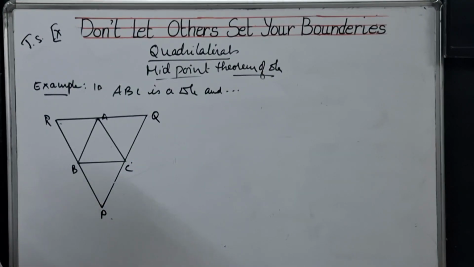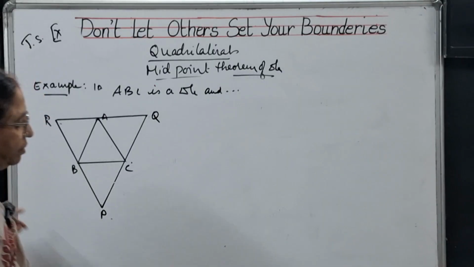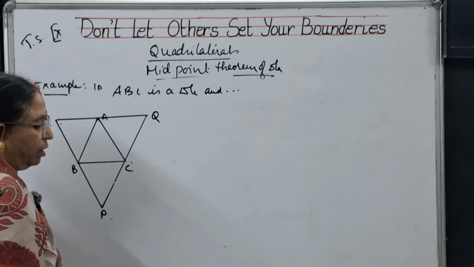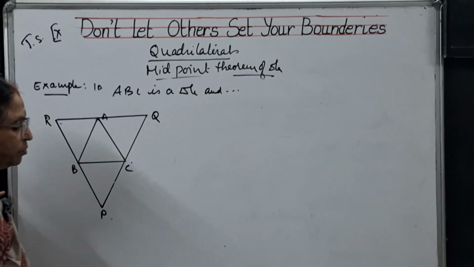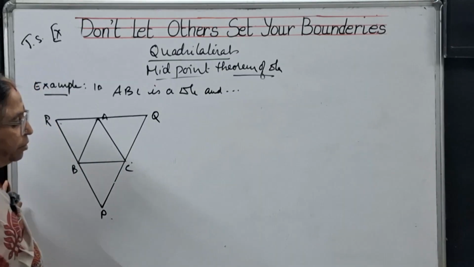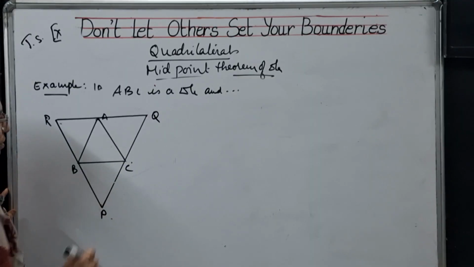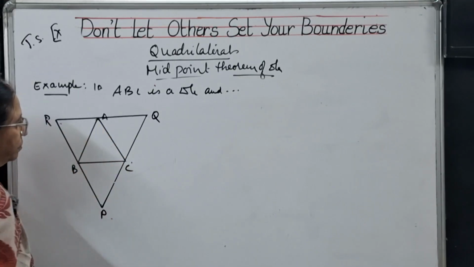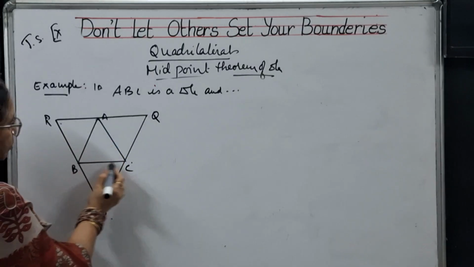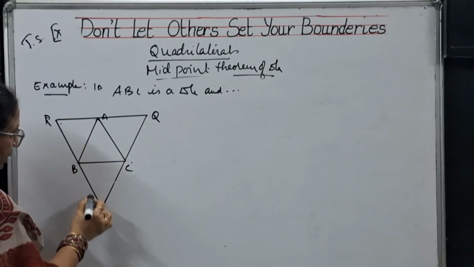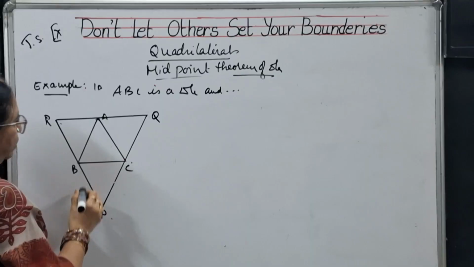Example 10, children. ABC is a triangle and through A, B, C lines are drawn parallel to BC, CA and AB respectively, intersecting at P, Q and R. Through A, one line is drawn parallel to BC. Through B, one line is drawn parallel to AC.